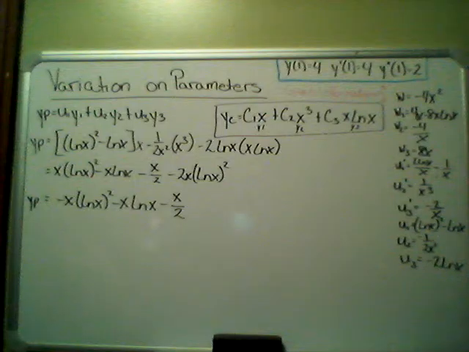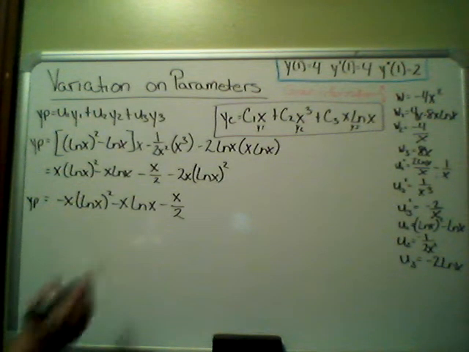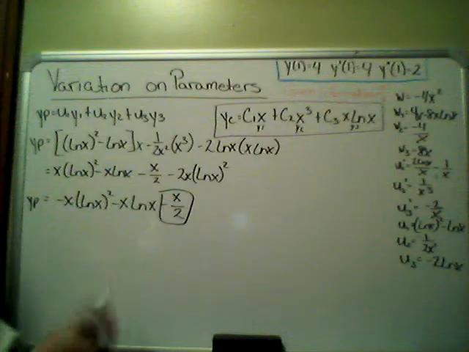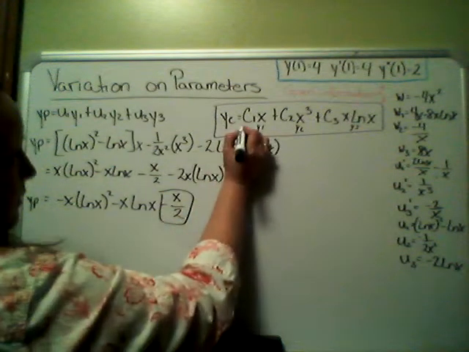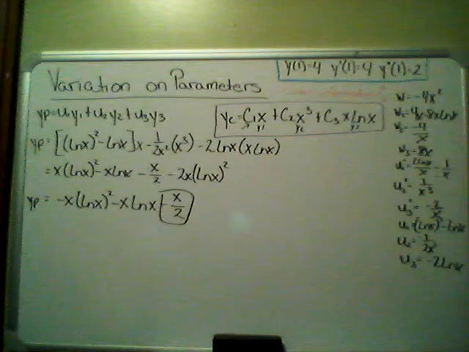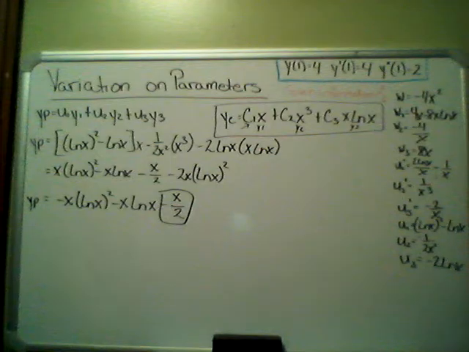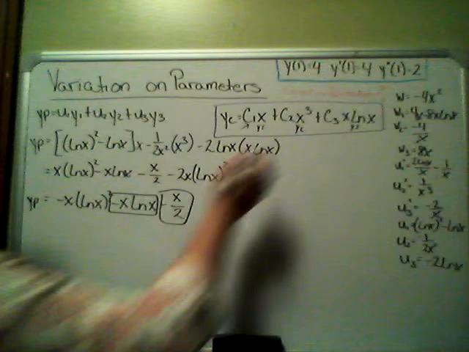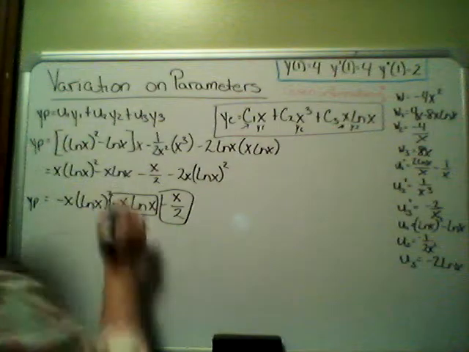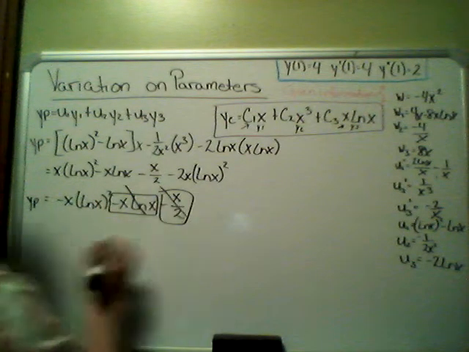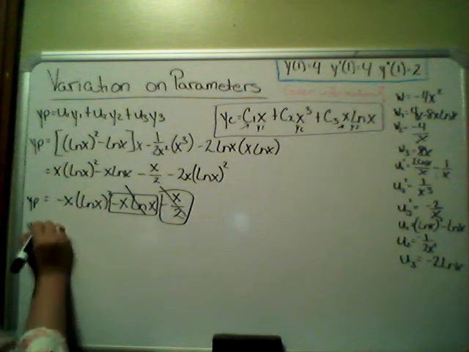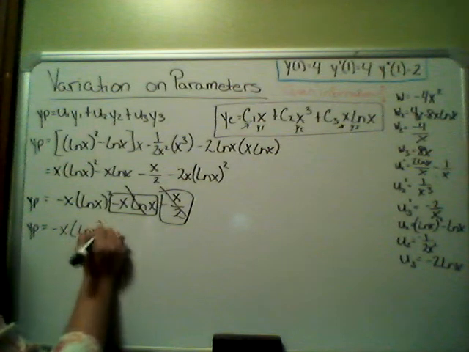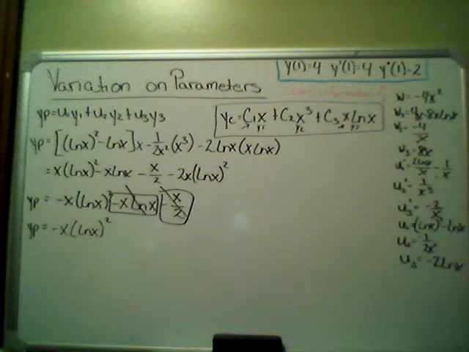Now it's important here that we notice that this minus x over 2 is really already accounted for here in our c1x, okay? And the minus x ln of x is also accounted for here. So we won't need to use either of these, so that our y sub p will simply become minus x times ln of x quantity squared.